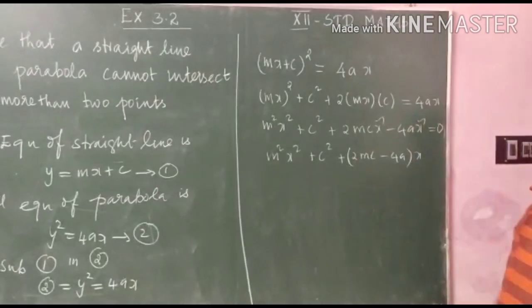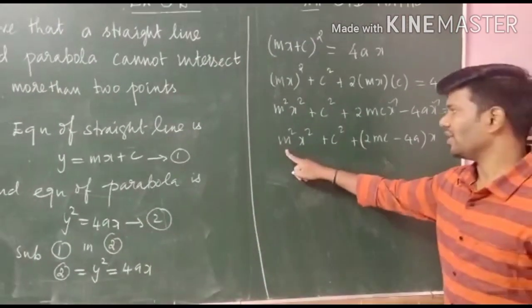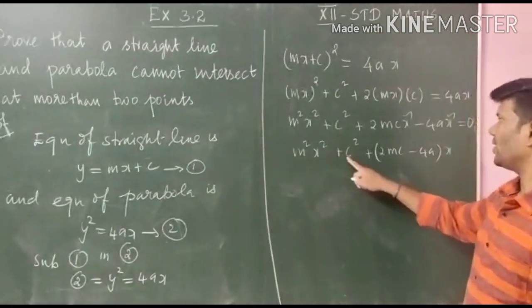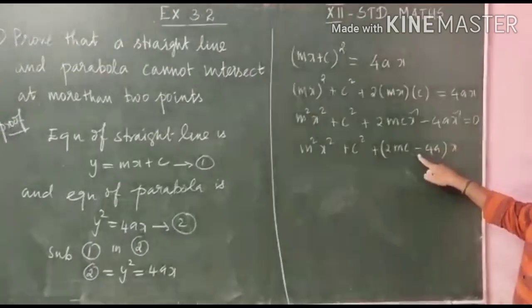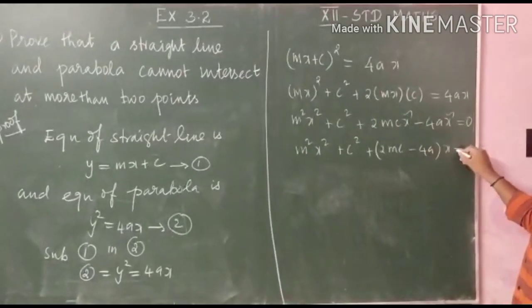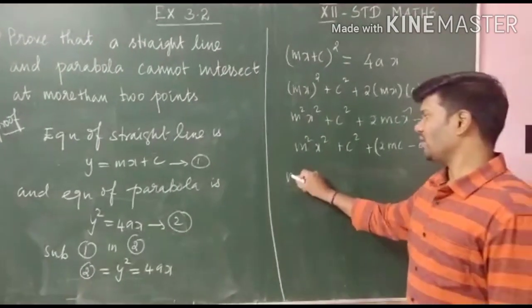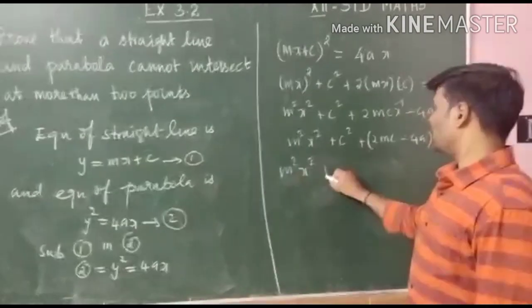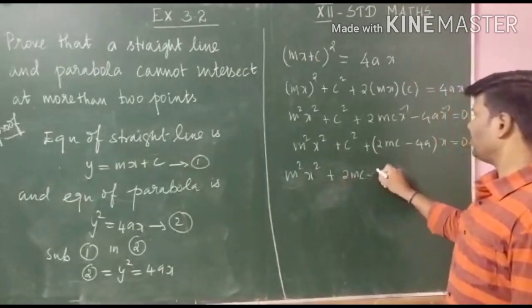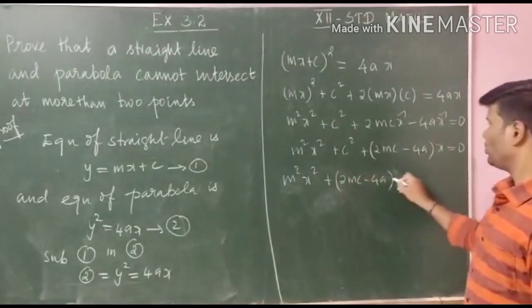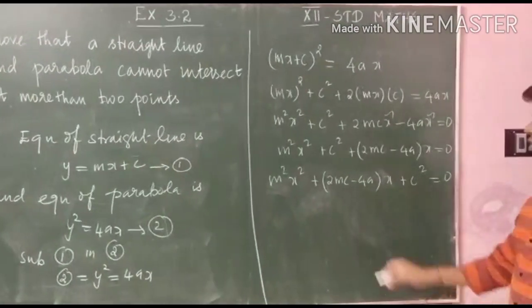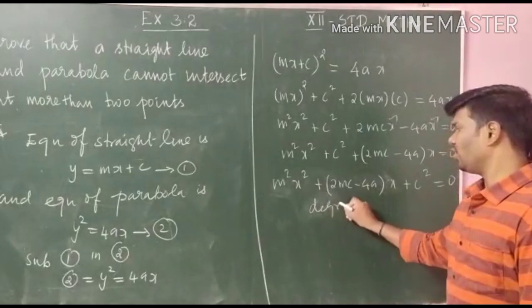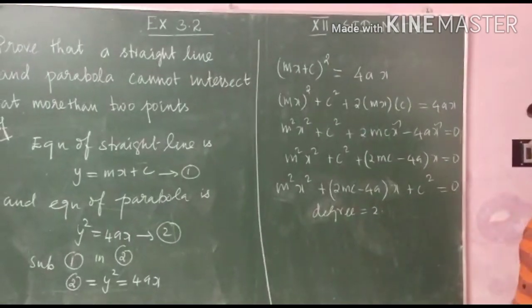So m square x square plus (2mc minus 4a) into x plus c square equal to 0. What is the degree of this polynomial equation? 2. It is a quadratic equation.